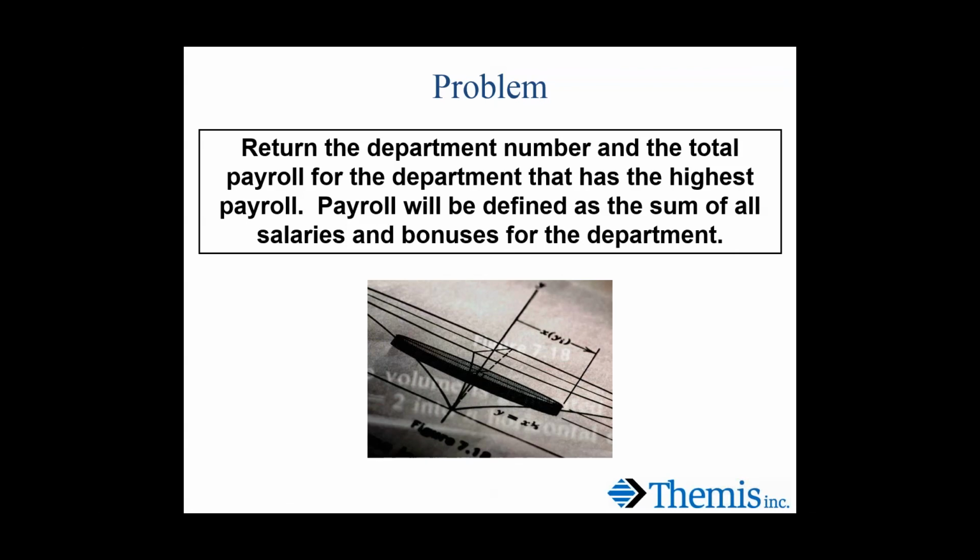That's one level of aggregation. Show me total pay for each department. And then I want to, of those, find the maximum. So sum and max are both column functions or aggregate functions, and I can only do one of those at a time. I can't find a max of sums very easily, right? First, I've got to find the sums, then I'm going to take those and find the max.